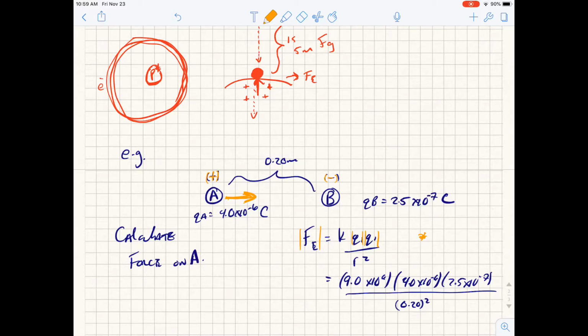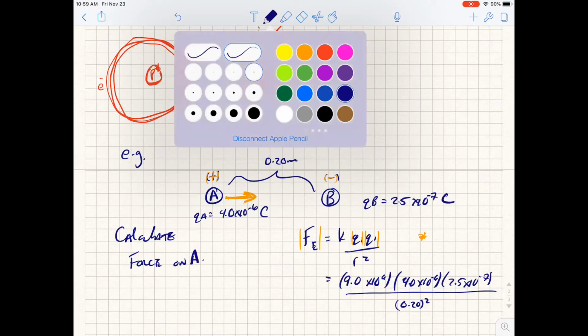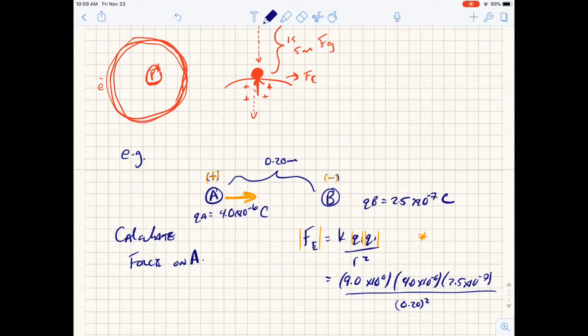Okay, things get a little more interesting when we have a three-body situation, and we have to use the superposition principle. And the superposition principle applies in many different arenas.